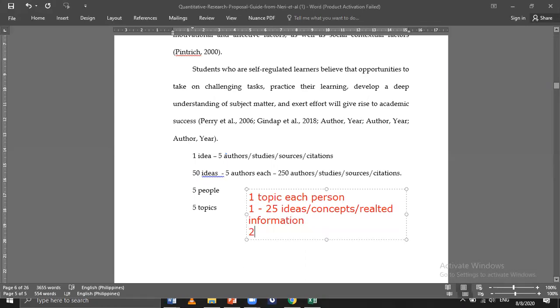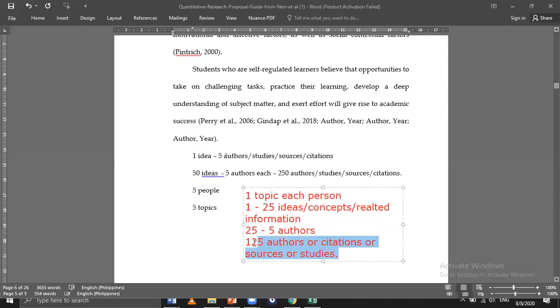So in 25 ideas, you have 5 authors each. So 25 times 5, what's the answer? That will be 125 authors or citations or sources or studies. So 125 is half of 250 citations.